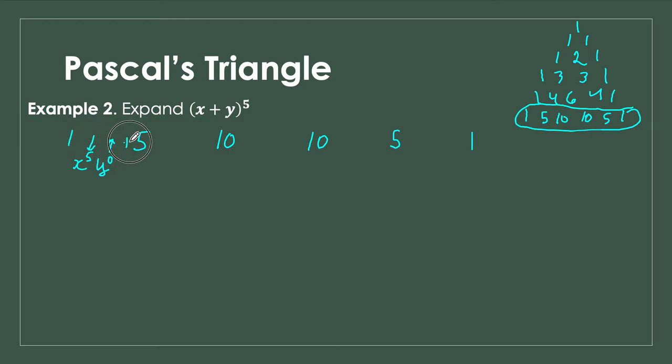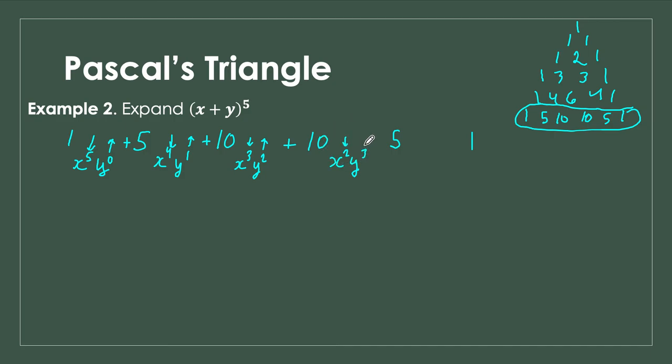So that's going to be plus x raised to 4 and y raised to 1. We're going to decrease this and increase this. Next, we have x cubed y squared. Again, we're going to decrease this, increase this. What we have is x squared y cubed.